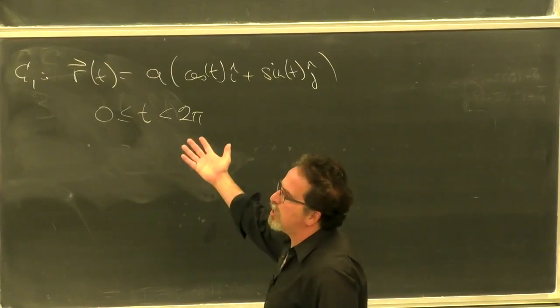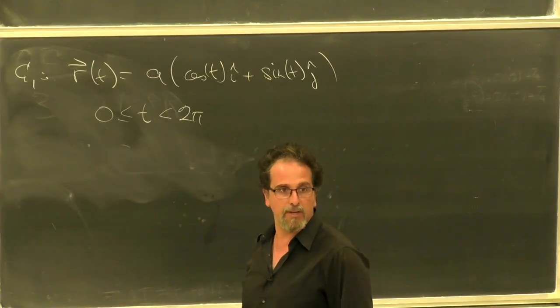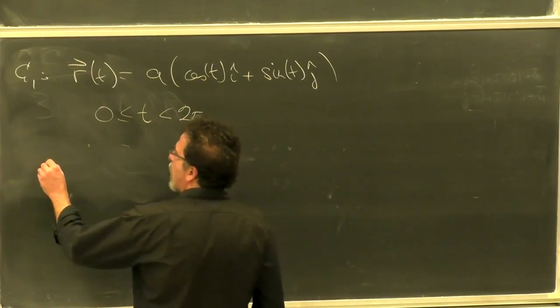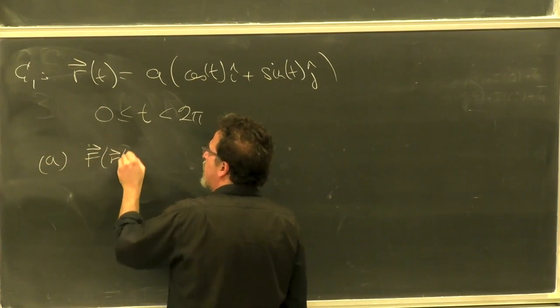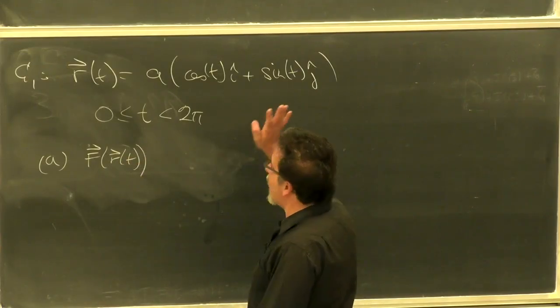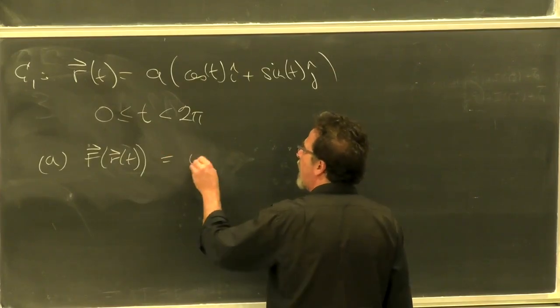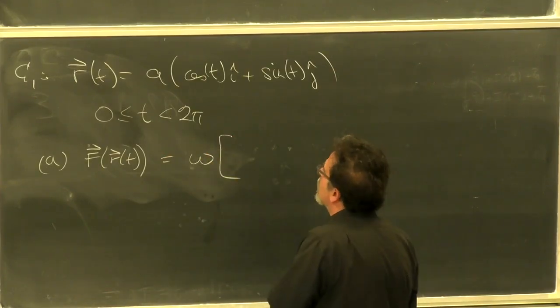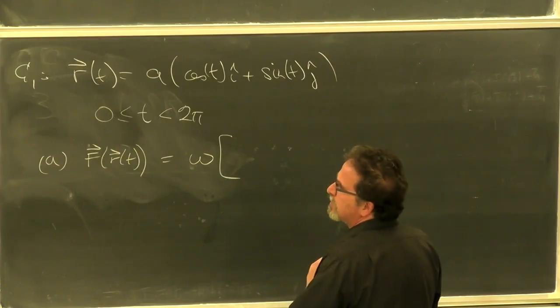So I might as well just evaluate both of those vector fields on the circle of radius A. So for part A, f of r of t says, hey, just evaluate that vector field at x equals x of t and y equals y of t. Well, that's going to be omega times negative y, that's the circulation vector field.